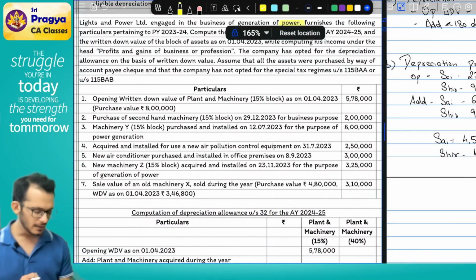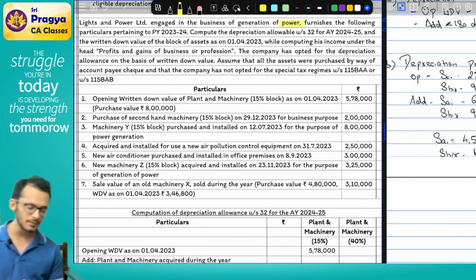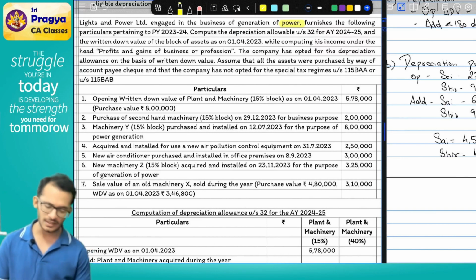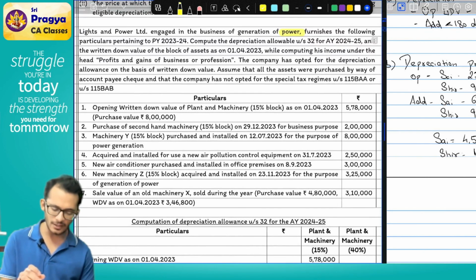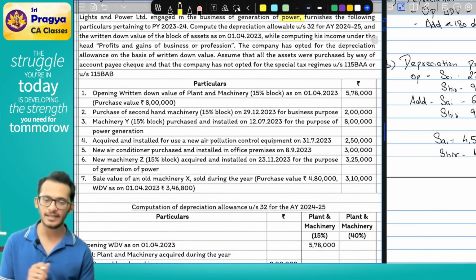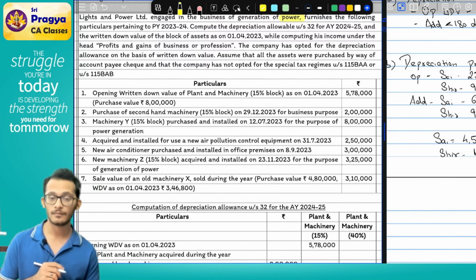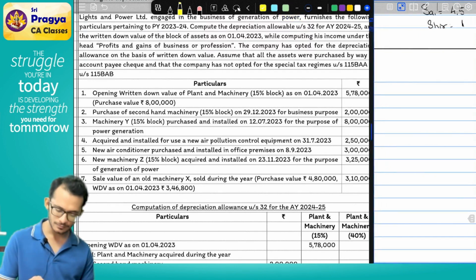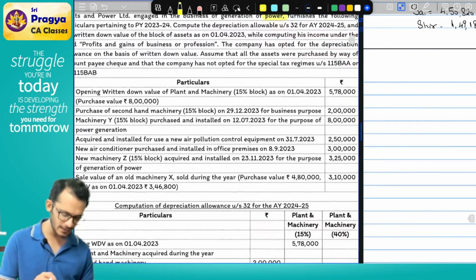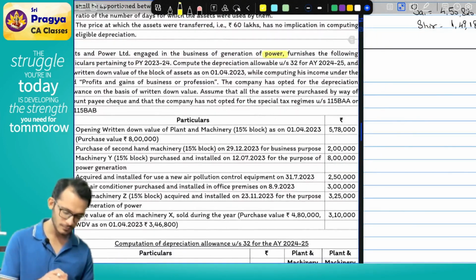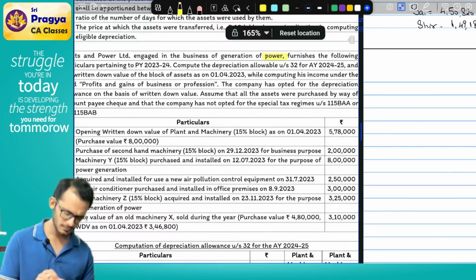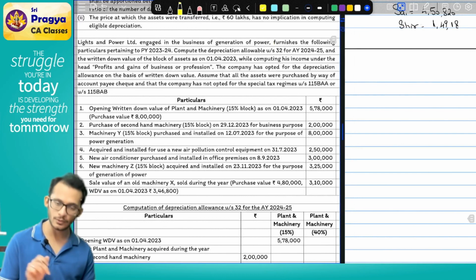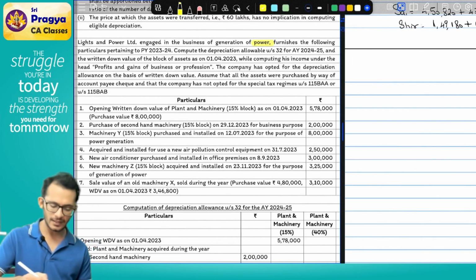First one, written down value of the plant and machinery, 15% block, as on 1st April 2023. The original purchase value was 8 lakhs. Now the value is 5,78,000. You bought it 10 years back for 8 lakhs. Today the value is showing 5,78,000. You will depreciate how much? 5,78,000.